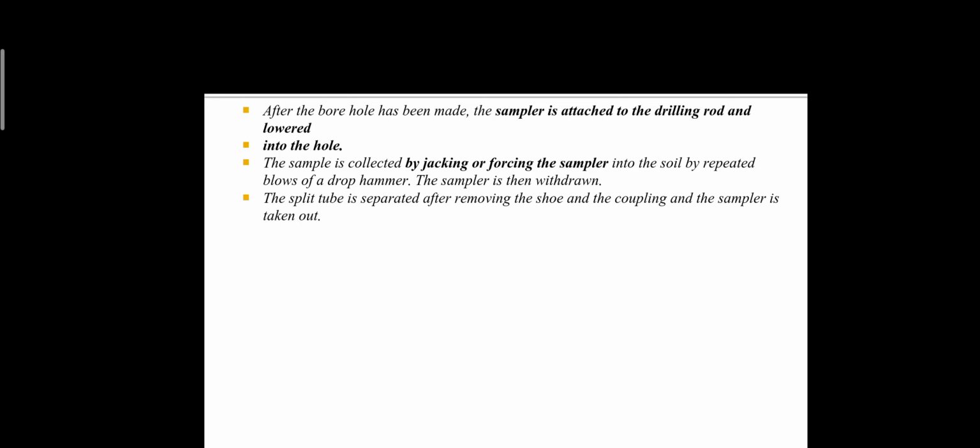But split spoon sampler la we will be driving inside the borehole by applying hammer pressure. அதனால தான் disturbed samples நமக்கு கிடைக்குது. Undisturbed samples we won't be getting in a split spoon sampler, because we drive the sampler inside using a hammer. So that's why you don't get undisturbed samples in case of a split spoon sampler.